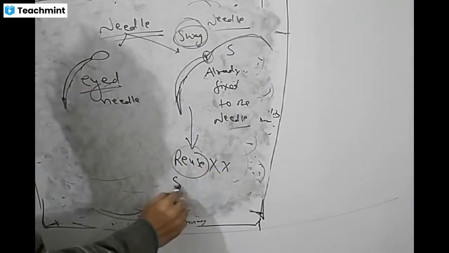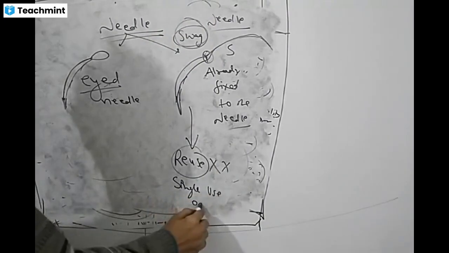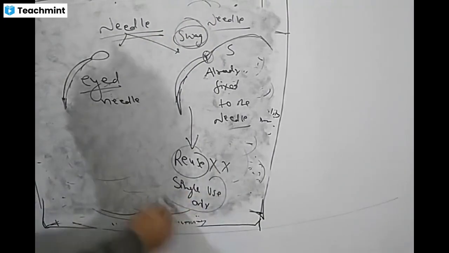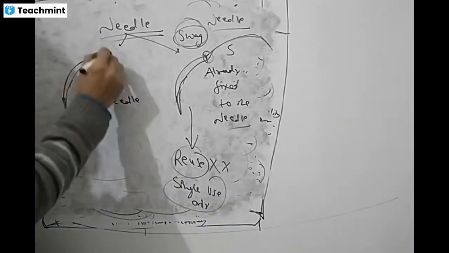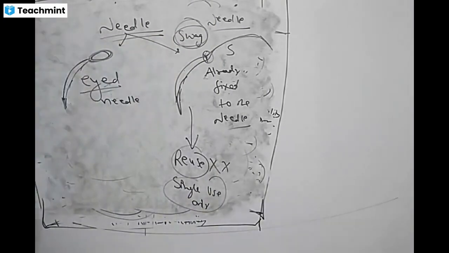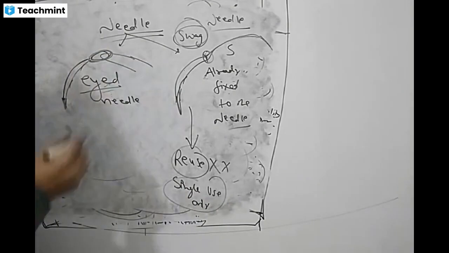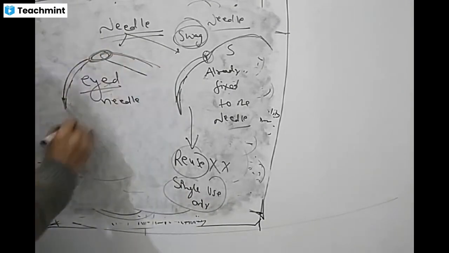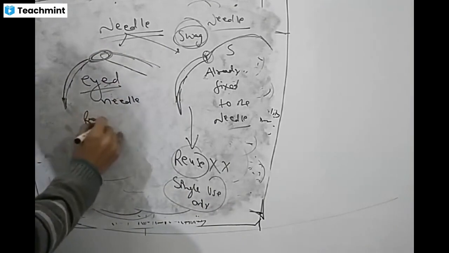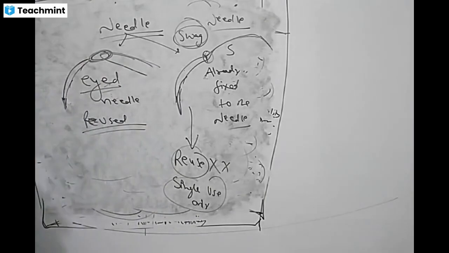This is single use only. But the eyed needle has one hole, that is available at our home. Our mothers use it for clothes. So what we do, we keep the suture material like this. It can be reused.